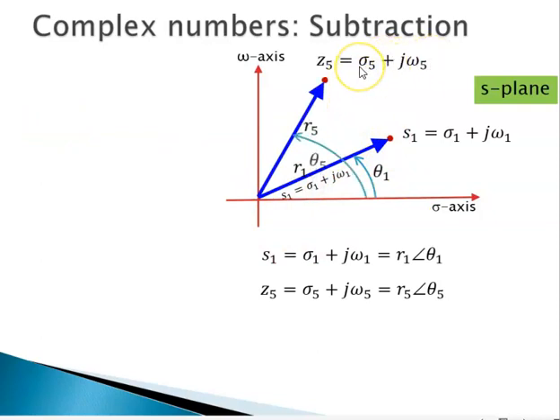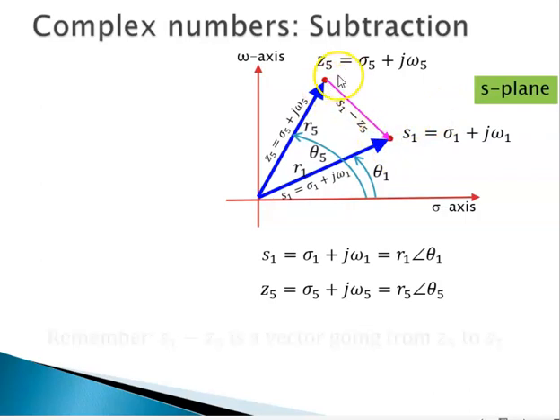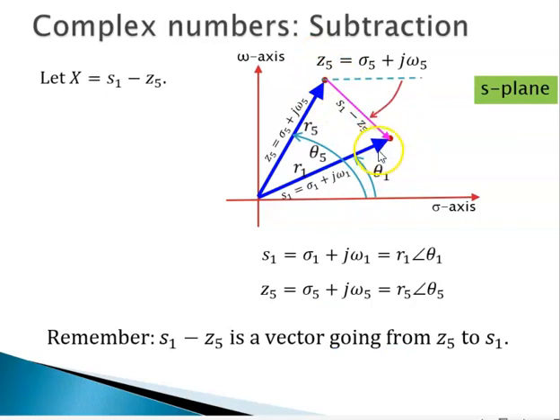representing this complex number. Now, if you want to subtract this z5 from s1, you draw a vector from the tip here to the tip here as shown. So this vector is the result of subtraction, s1 minus z5. Just remember that s1 minus z5 is a vector going from z5 to s1.